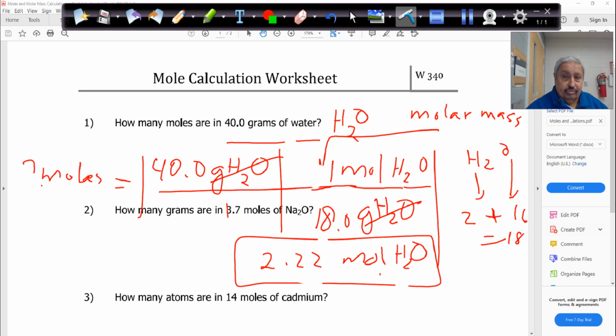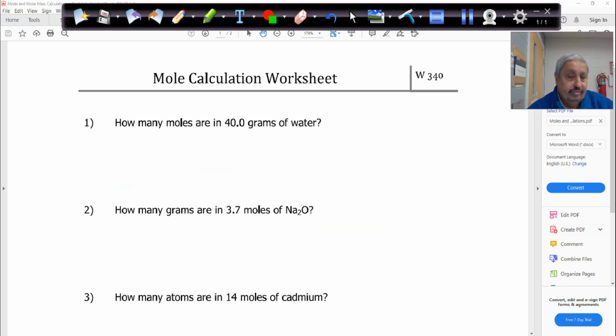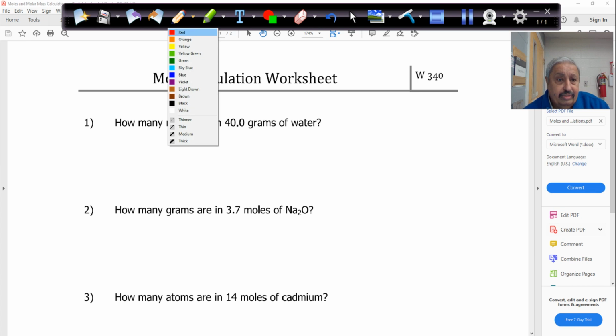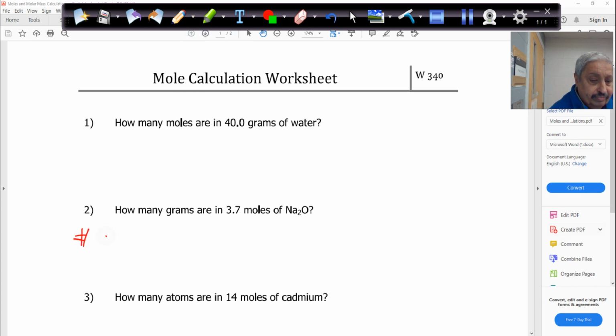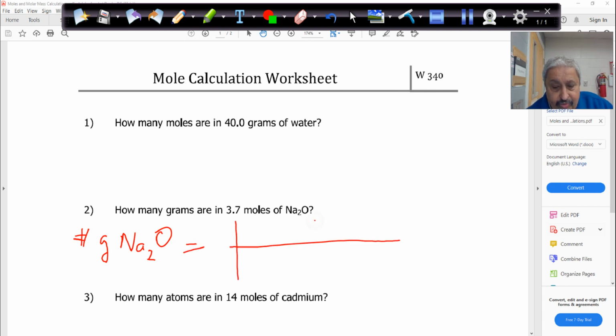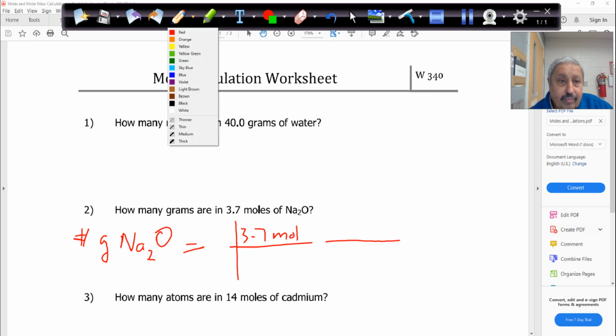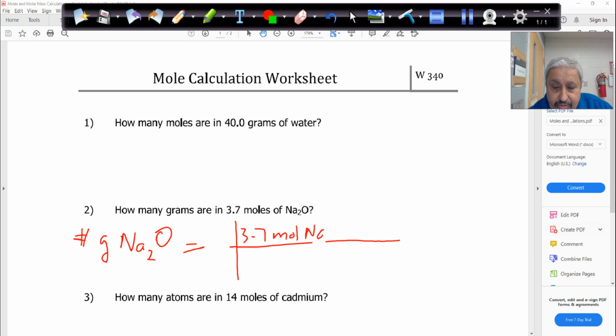So grams out of the mole. So here it is. I'm taking this one here. I'm calculating number of grams. So number of grams of Na2O, this is sodium oxide. 2 steps, of course. So you start with 3.7 moles of Na2O, correct?